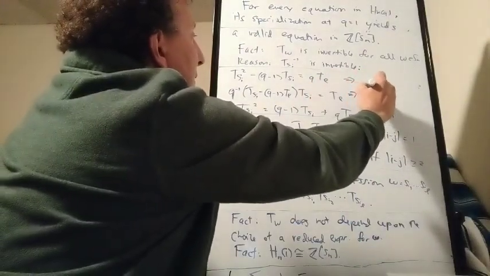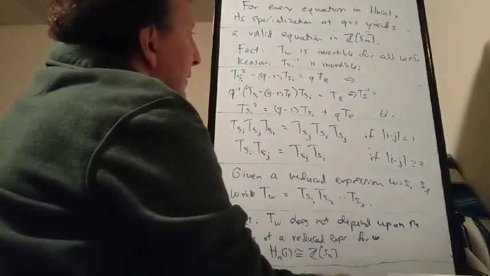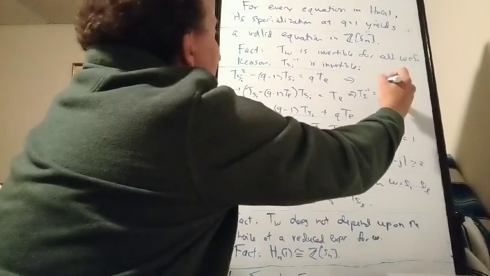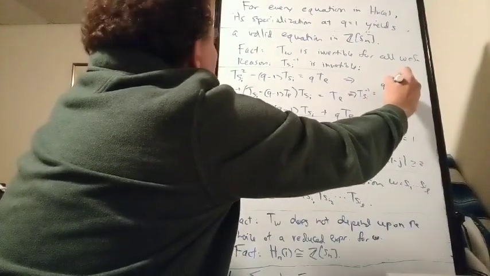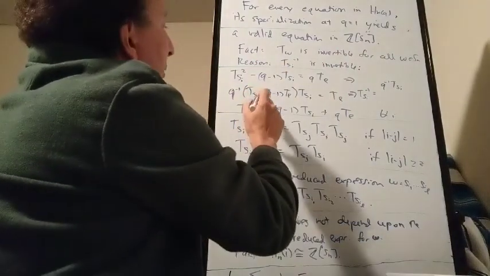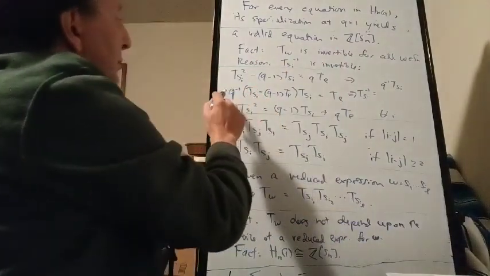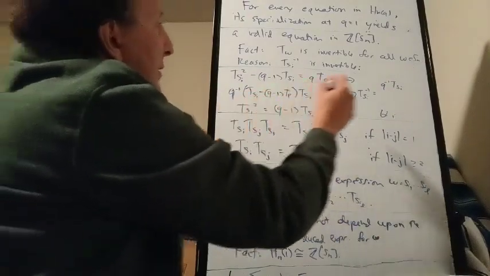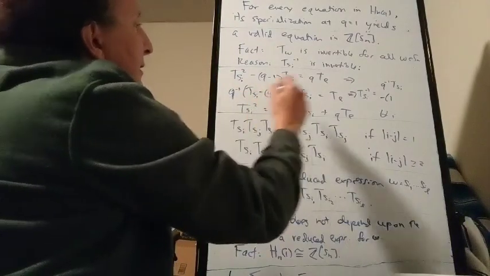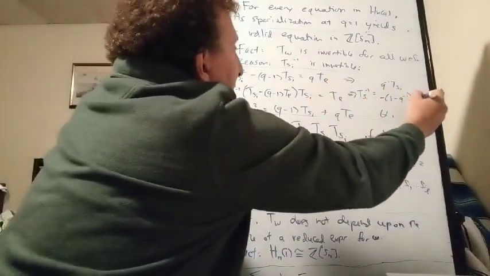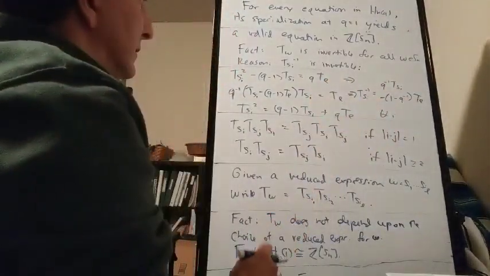So that inverse is q inverse T_{s_i}. Actually, we have to multiply the q inverse by this. So minus 1 minus q inverse T_e.